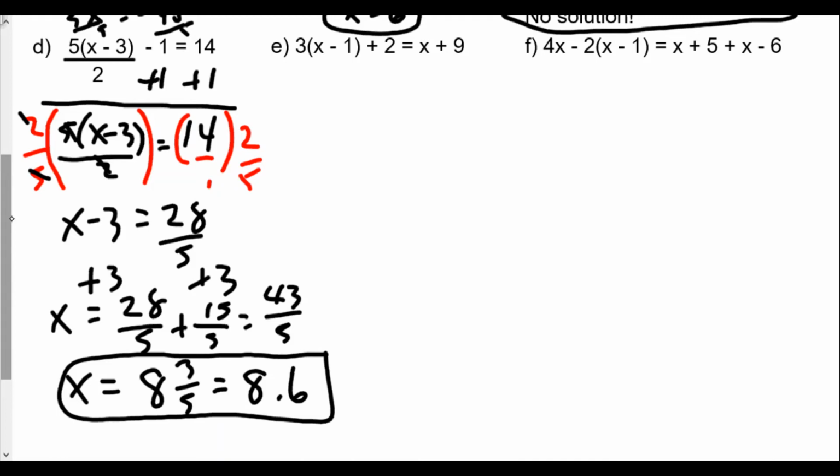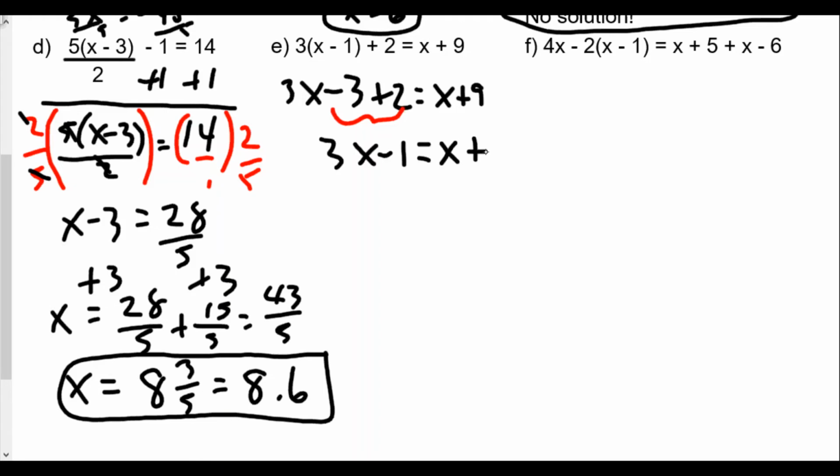Okay. Now, we would like to isolate x, but we have to distribute the 3 here. So for E, we would have 3x minus 3 plus 2 equals x plus 9. Like we learned in the last lesson, we can combine like terms first, so we're going to combine the negative 3 plus 2, and we get 3x minus 1 equals x plus 9.